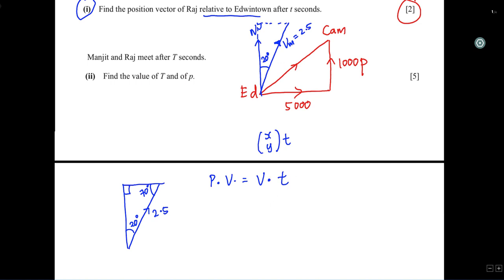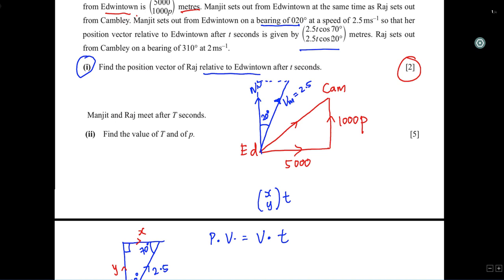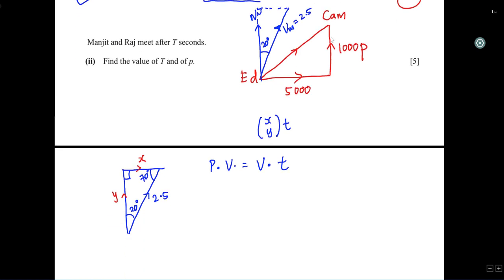So in this case, my x is basically this one. I will call this one x, and this one is my y. Because you can see the position vector here, everything is in cos, so I am trying to use the cos here. In order to get x in the cos term, adjacent, you should know the basic: cos angle equals adjacent over hypotenuse.